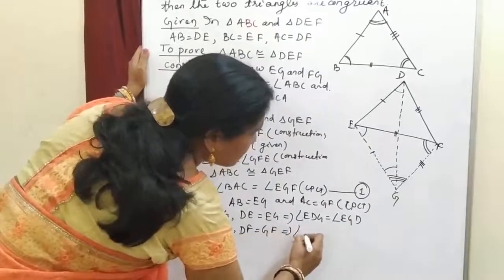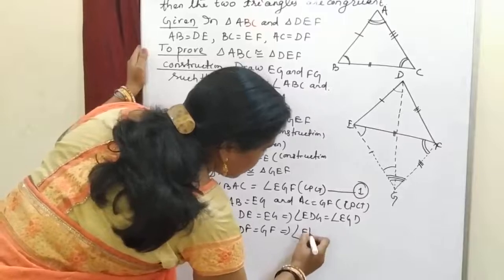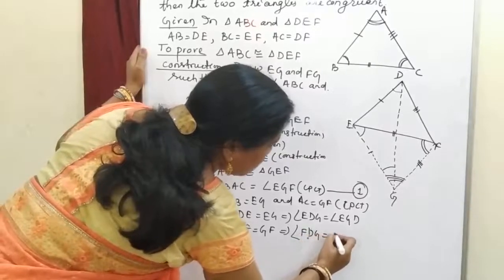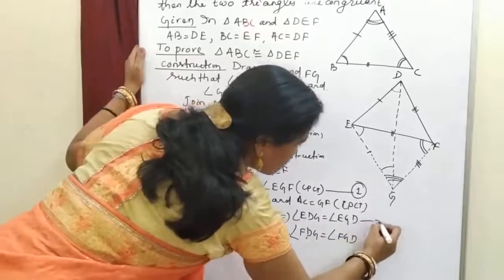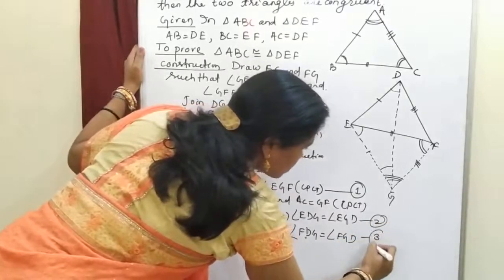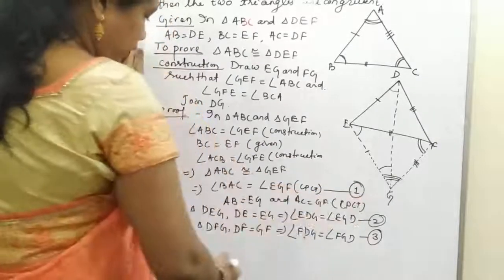So this implies angle FDG is equal to angle FGD. So these are our equation 2 and equation 3. Then we will add equations 2 and 3.